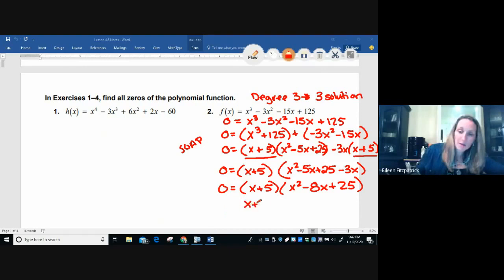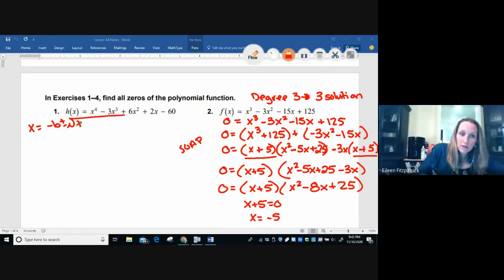All right, so this is still going to give you an x-intercept of -5, but my quadratic formula is going to be a little bit different. So trying that again, I have -b plus or minus the square root of b squared minus 4ac all over 2a. So x equals 8 plus or minus the square root of 64 minus 100 over 2.